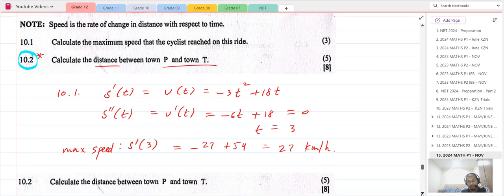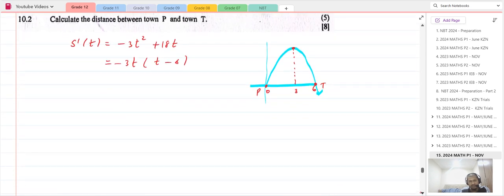We can work backwards and see if we can solve this. If we try to recover the s of t function, we know we got ax cubed plus bx squared, but we got minus 3.